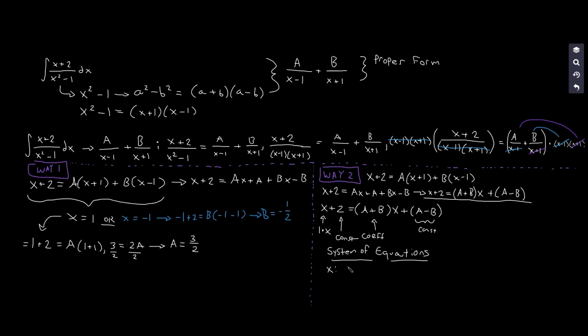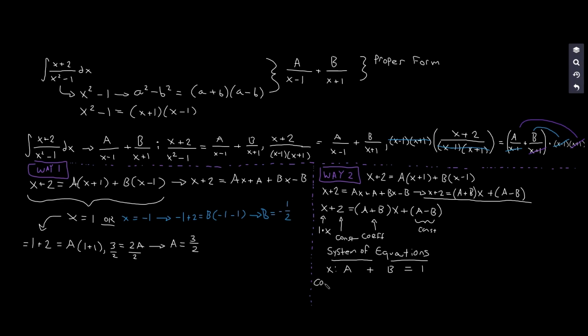On the right-hand side, the coefficient of x is a plus b, and on the left-hand side we have x plus 2, where the coefficient in front of x is 1, so we set a plus b equal to 1.